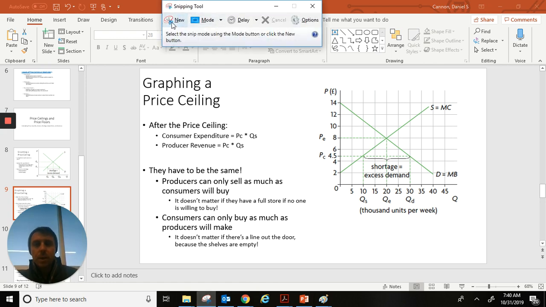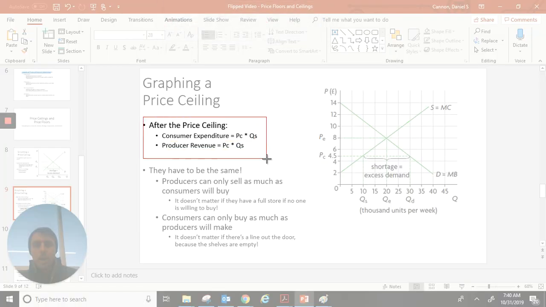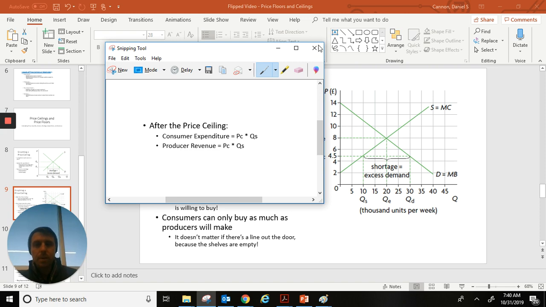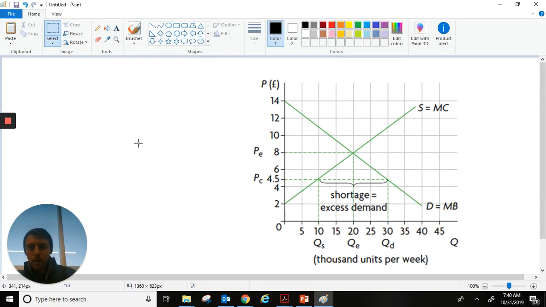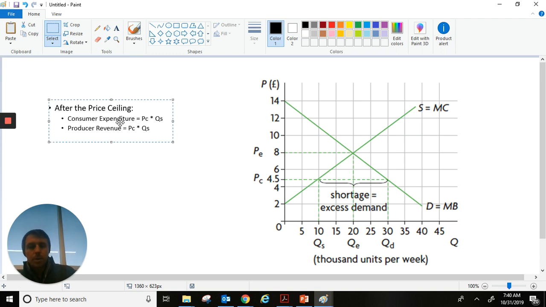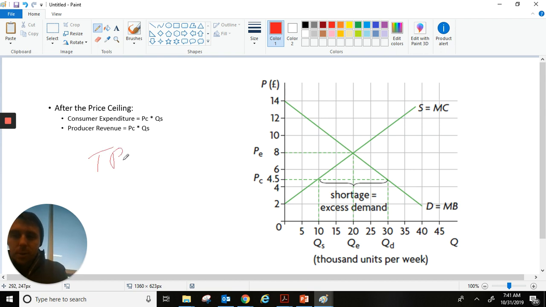If I want to figure out what's going on after the price ceiling, I'm doing this on the fly. So I've got total revenue of 8 times 20. If I want to figure out total revenue before the price ceiling, I have my 8, I have my 20, I multiply that, I get 160.